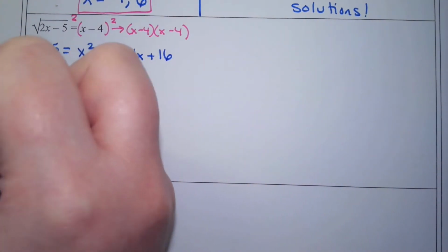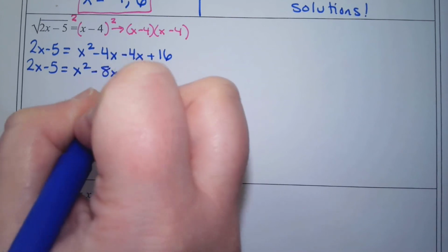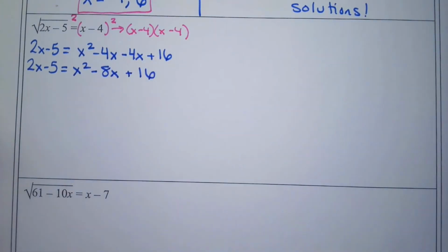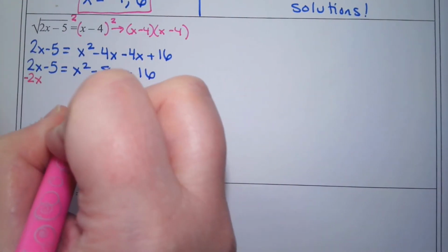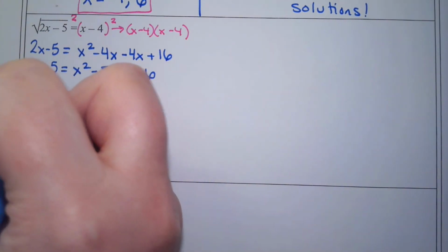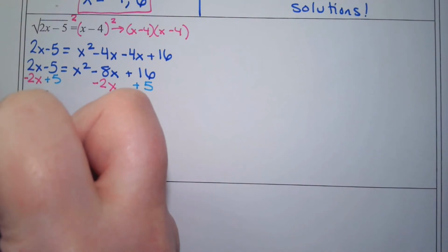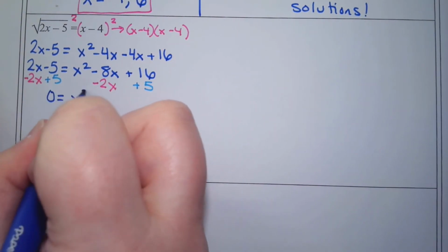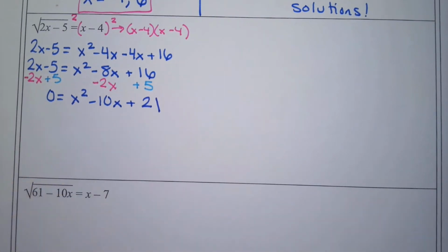So 2x minus 5 is equal to x squared minus 8x plus 16. We need to move the 2x and the minus 5. So subtract 2x and add 5. So we have 0 is equal to x squared minus 10x plus 21.